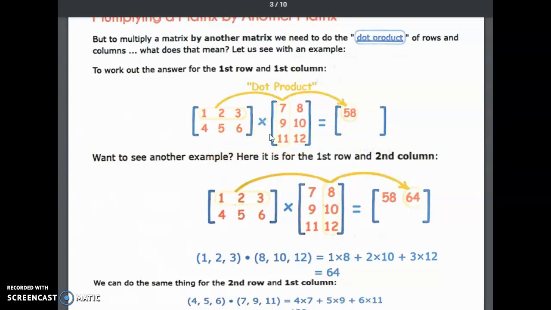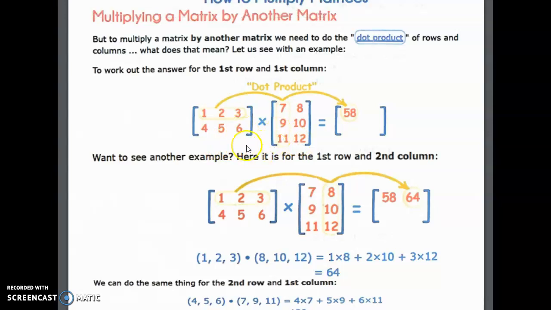So the 3 and the 3 match, the two middle numbers match, so they can be multiplied, and the 2 and the 2 on the outside becomes our answer matrix, or product matrix. And again, to do this, we're going to multiply 1 by 7, 2 by 9, and 3 by 11, sum those numbers, and then the answer goes right here.